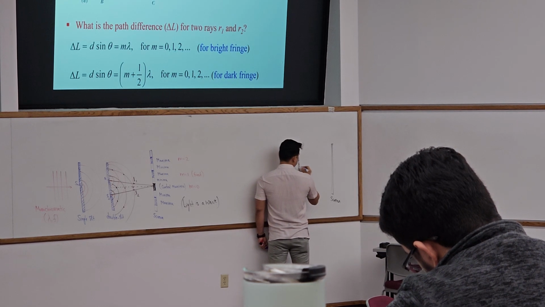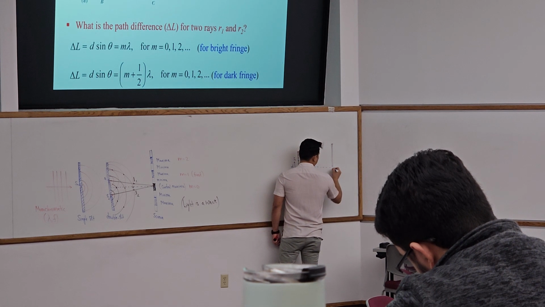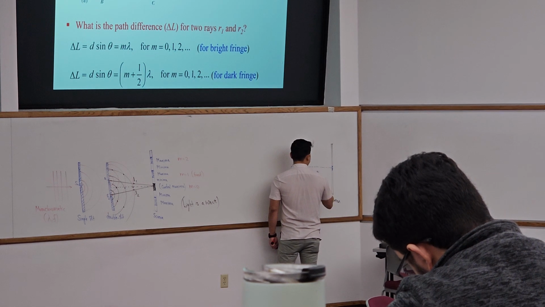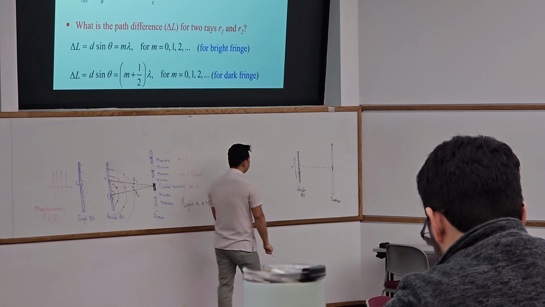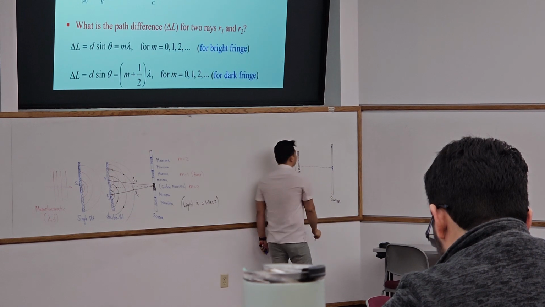And definitely this is the center point over here, and it's always maxima. But if I have some formula that will be valid for any point on the screen, whether it's going to be maxima or minima. So let's say I take some random point P over here.